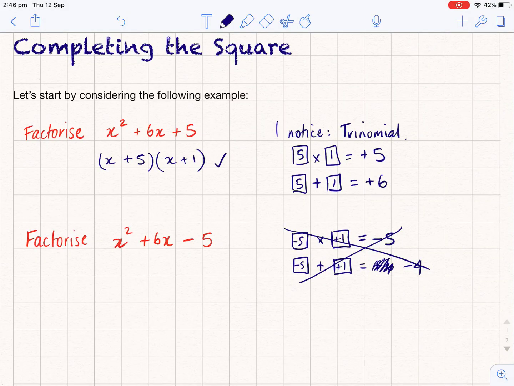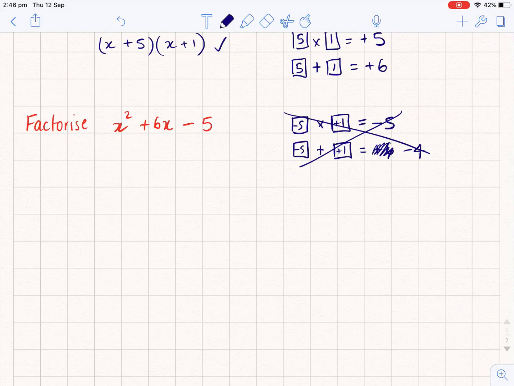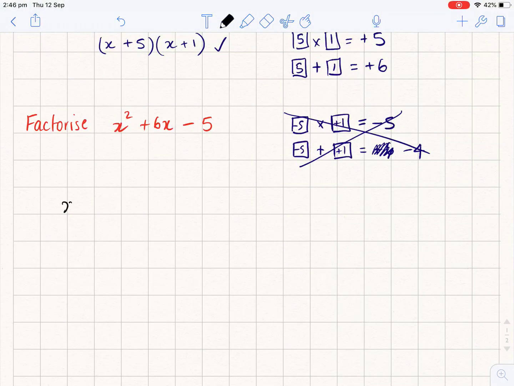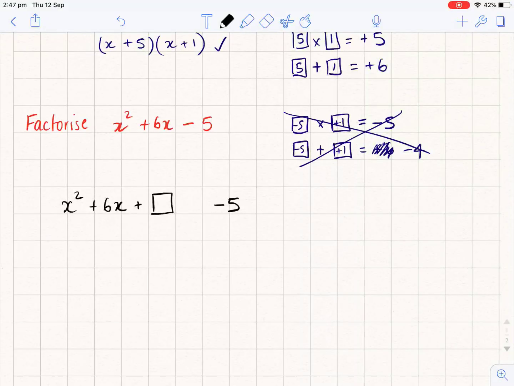Okay, so let's start again. That equation as we know it at the moment, x squared plus 6x take away 5, isn't working. And the part that's not working is the take away 5. So let's just move it over here out of the way and leave that out for a moment. What other numbers could I stick on the end here that would allow me to factorise it?